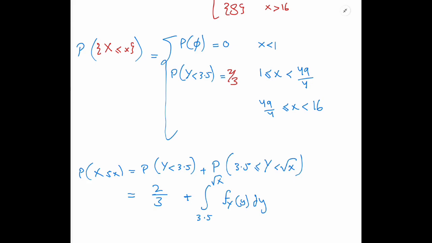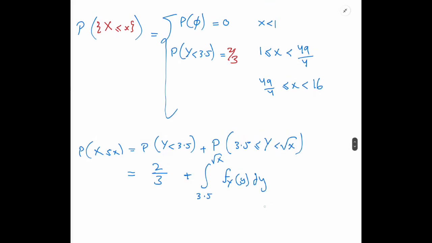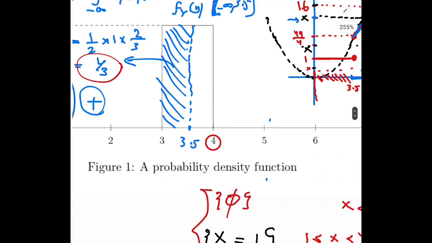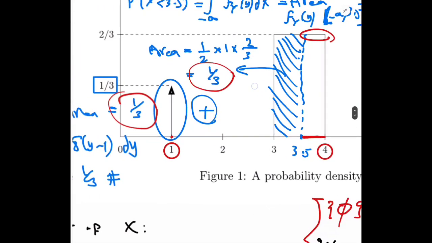So this interval is always a subset of 3.5 to 4, which means we are always falling into this interval, and in this interval the PDF is equal to 2/3.